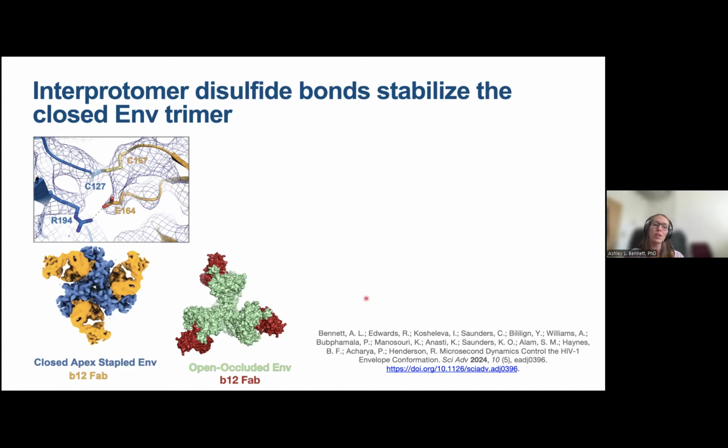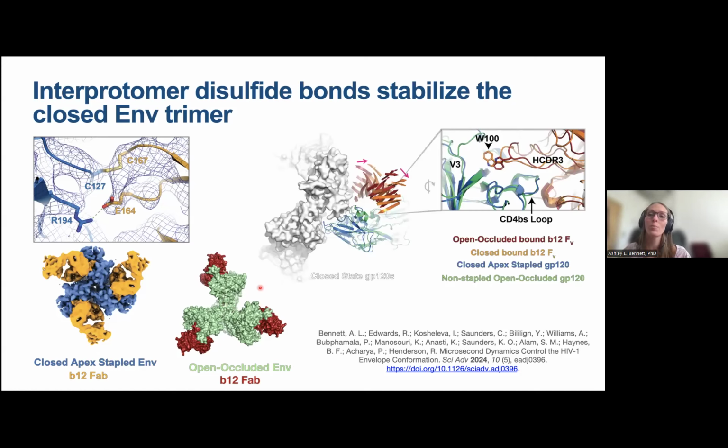You can see from looking at these two diagrams on the bottom that the structure of the envelope is different. Like I said, the contacts are disrupted at the trimer apex, but the mode of binding of the antibody is also very different. So we looked at this comparison a little more closely, in the GP120 overlays.